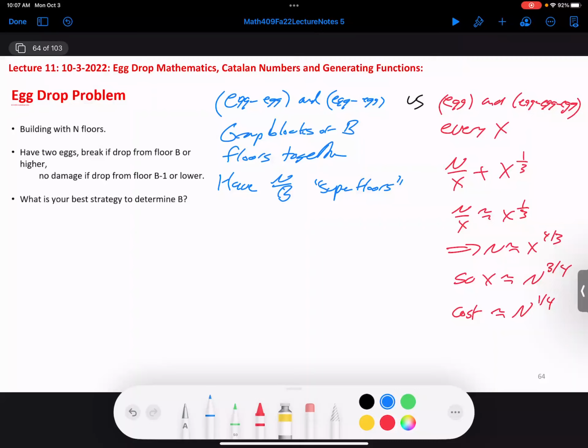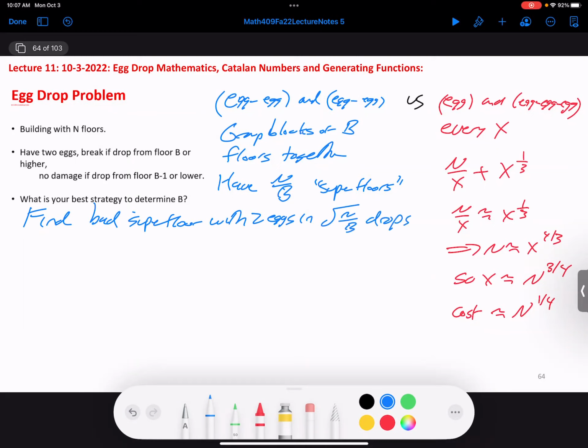So if we have n over B superfloors and 2 eggs, how many drops will it take to determine the bad superfloor? Root n over B. So we find the bad superfloor with 2 eggs in square root of n over B drops.